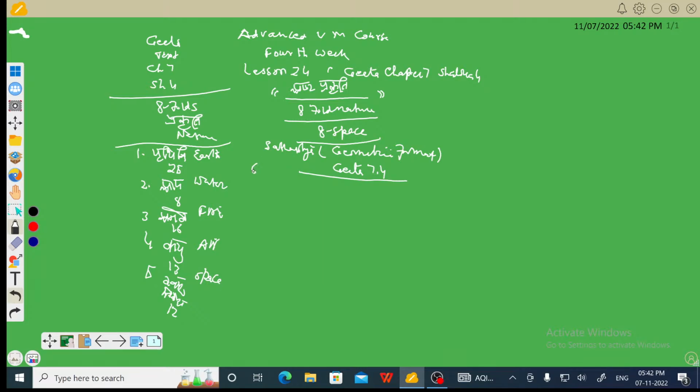Sixth is Man, mind, TC value is 19. Seventh is Buddhi, TC value 25, intelligence. And eighth is Ahankar, TC value 23, and it is ego.